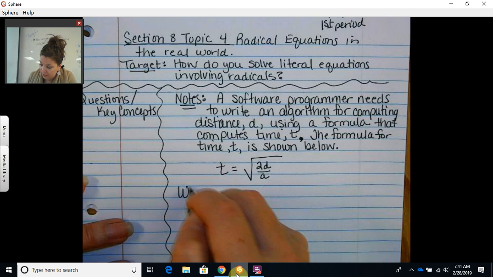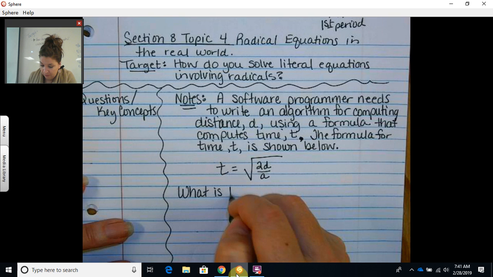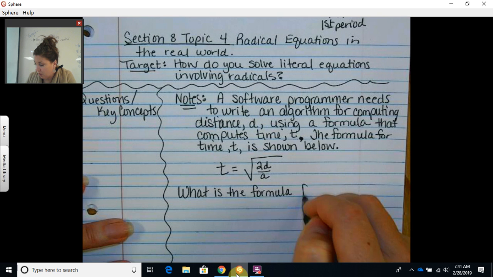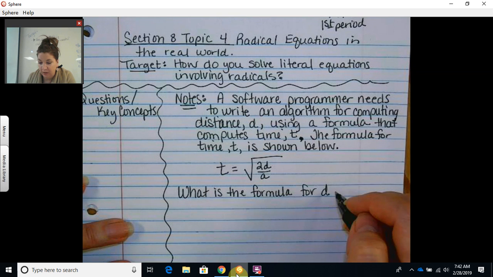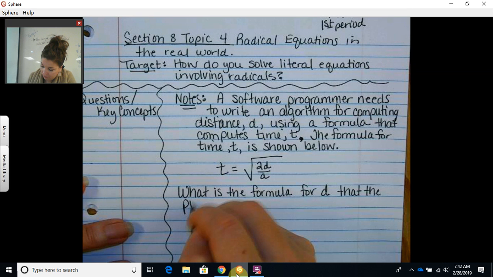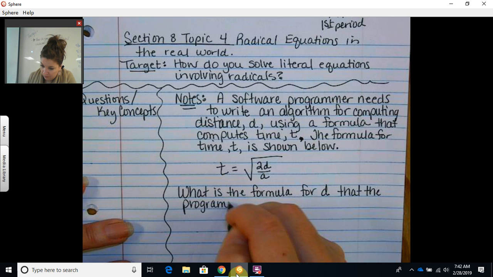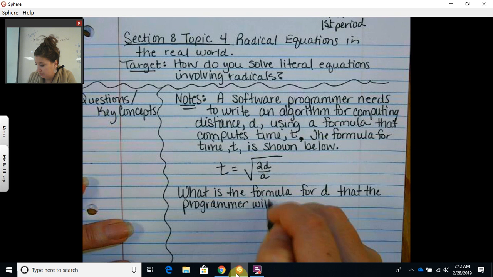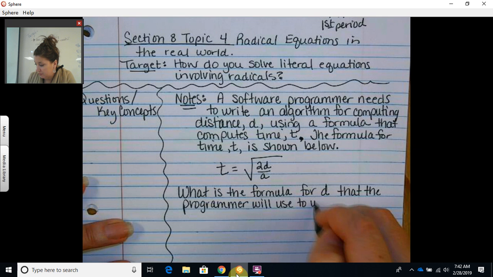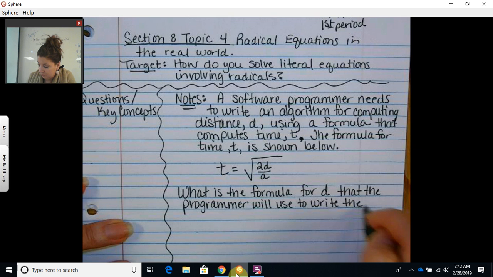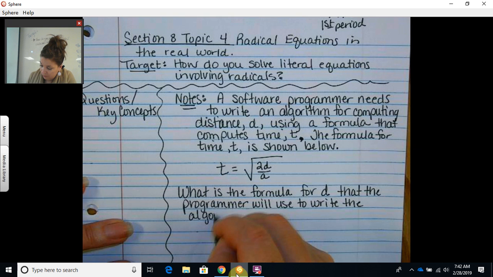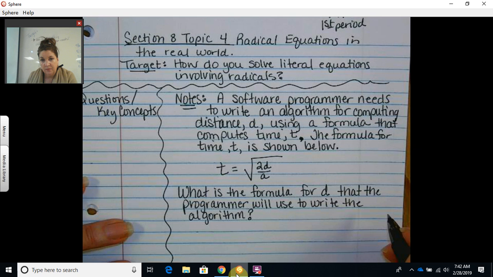What is the formula for D that the programmer will use to write the algorithm?